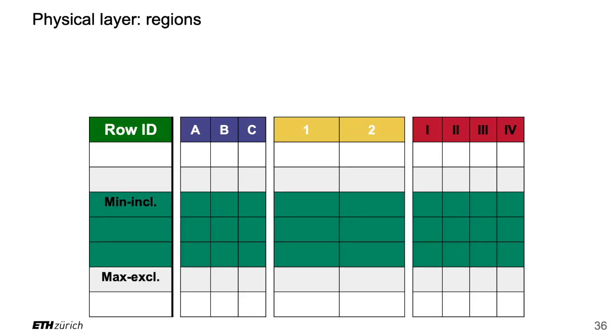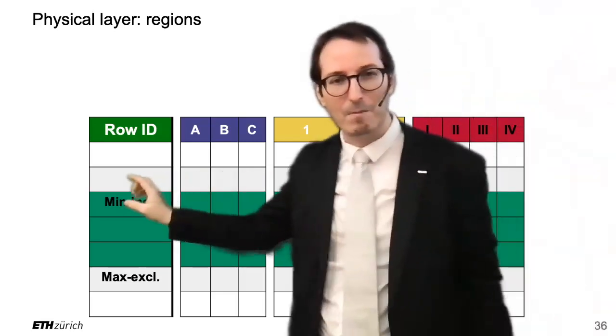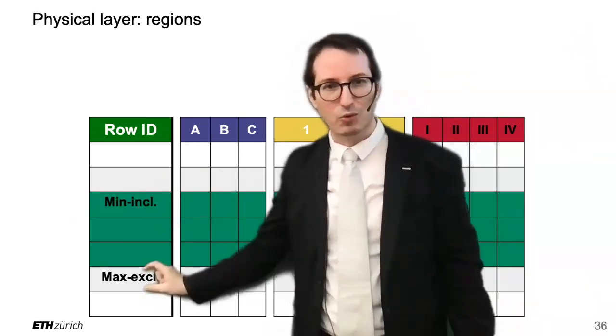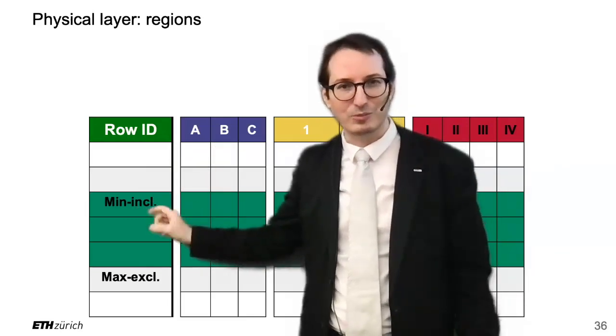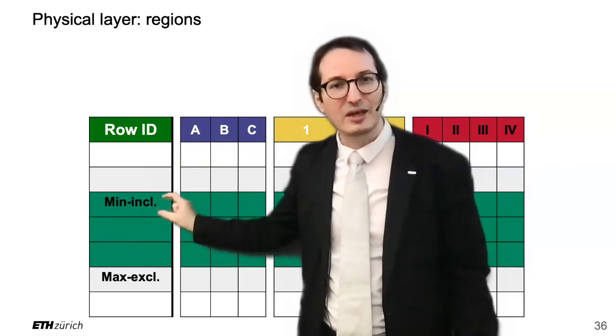Because on the rows, remember that the row IDs are sorted by increasing value, so that we can define intervals. So every interval is basically made of a row ID and a row ID. Now, the convention, because it's actually very convenient and beautiful, is to have a min inclusive.